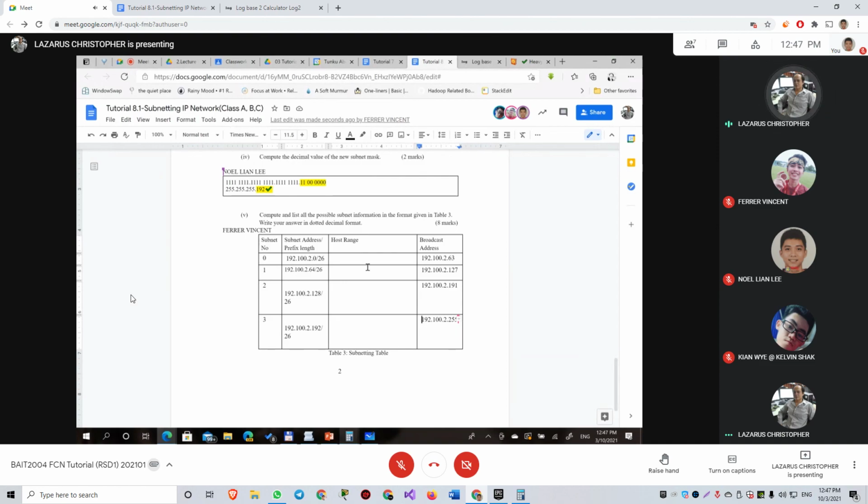So now the host range is the first address after the subnet until the address before the broadcast. So it's 192.100.2, and the next address after 0. The dash means a range, until the address before the broadcast address.